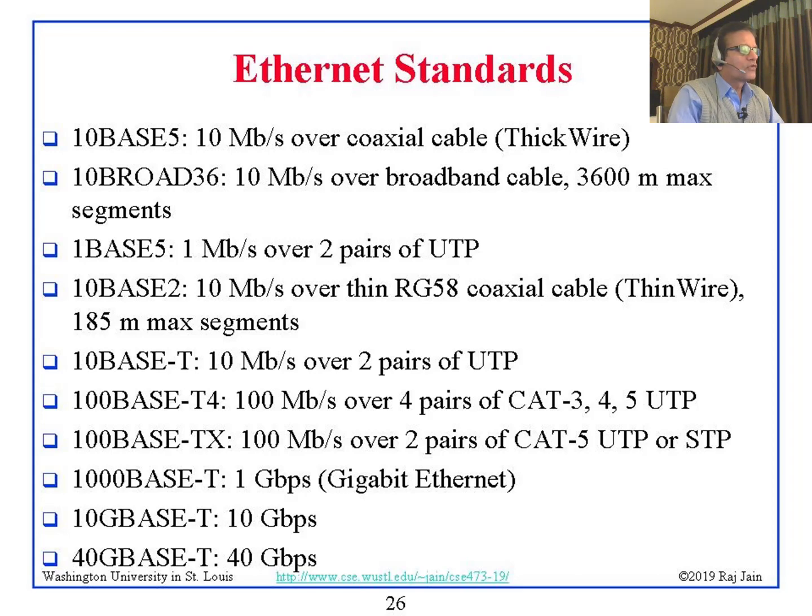Now, we first started with something which is called 10 base 5. Now, this may not be in the book, but I think this is general knowledge that everybody should have. Basically 10 base 5 meant that this is a 10 megabit Ethernet and baseband.